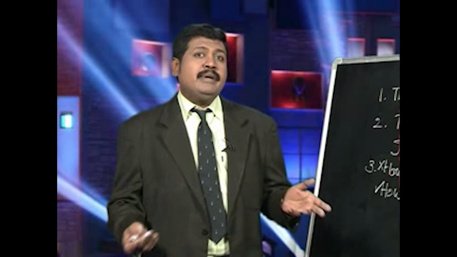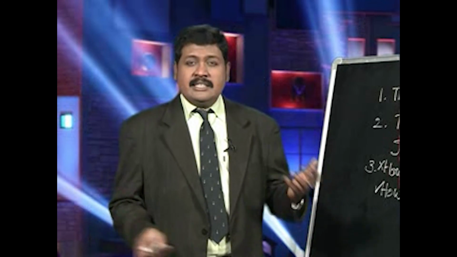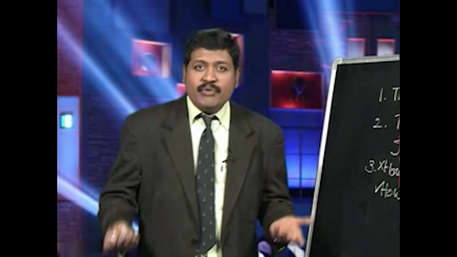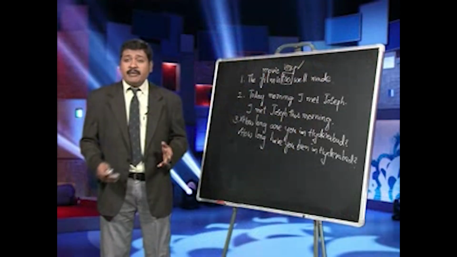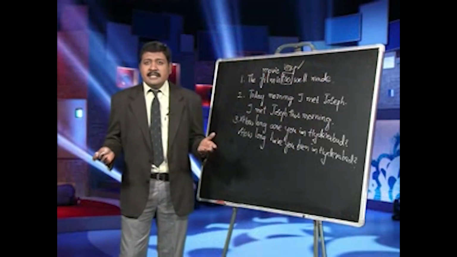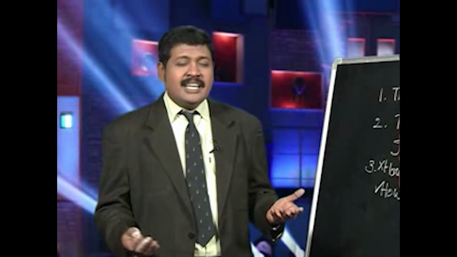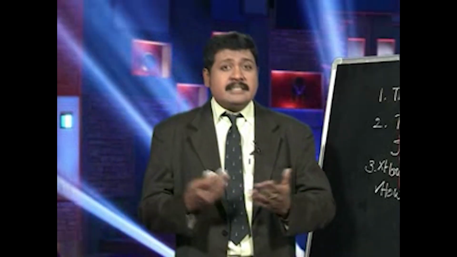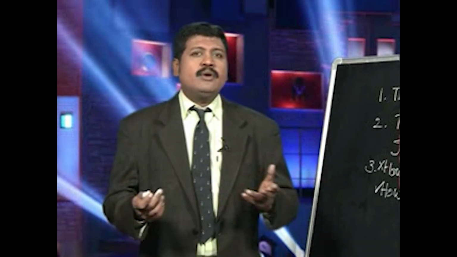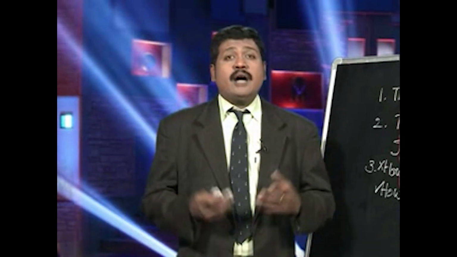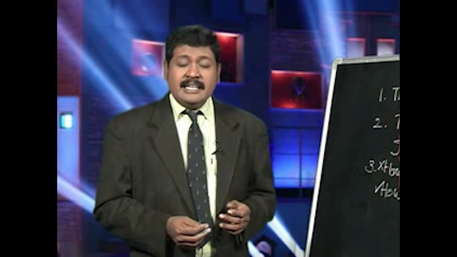And the answer can be, I have been living in Hyderabad since 2000, since 1995. I have been living in Hyderabad for 15 years, for 20 years, right? So remember this common question. How long have you been living here? How long have you been in Hyderabad? Instead of how long are you in Hyderabad, right?